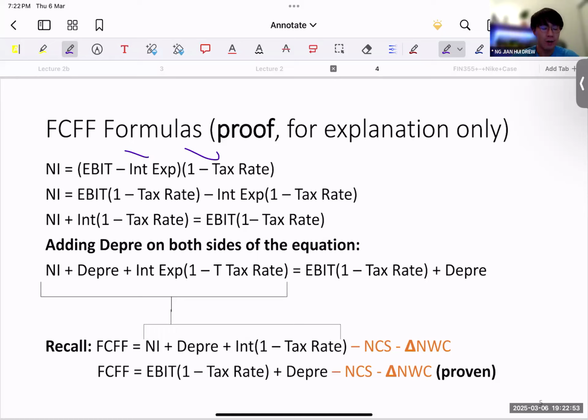Now, once we know this formula, we can just multiply your EBIT into the one minus tax, and multiply this in here. So you get EBIT times 1 minus tax, minus interest expense times 1 minus tax. Once we do this, we shift the minus interest expense times 1 minus tax over to the other side, and we get EBIT times 1 minus tax rate.